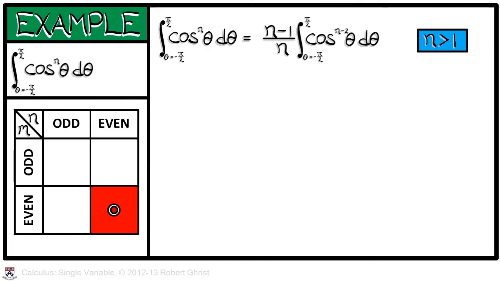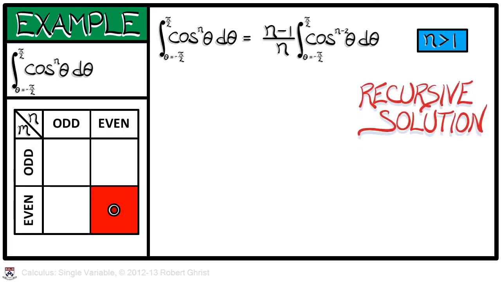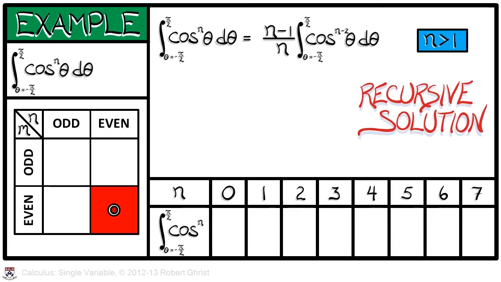And so, for n greater than 1, we get that the definite integral from negative pi over 2 to pi over 2 of cosine to the n is n minus 1 over n times the same integral with the power being n minus 2. This will allow us to come up with a recursive solution. So let's look at all the different powers. In the simplest case, where n equals 0, well, we can do that integral.